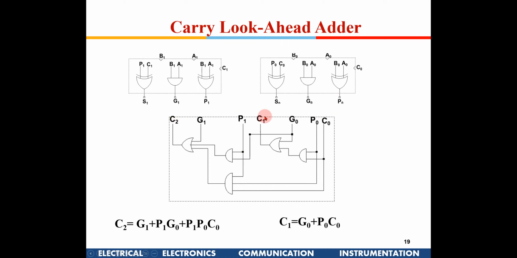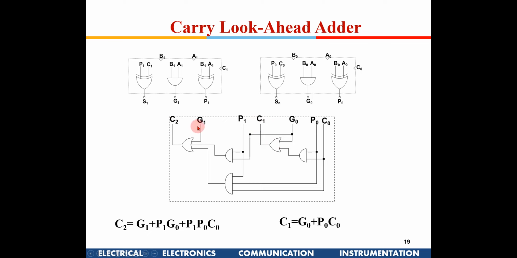So here straight away there is an advantage. Okay, although the hardware is more, in terms of delay you can straightforwardly see there is an advantage. What is the advantage? Like this G0 P0 will be generated after 1 gate delay, right? From here 1 gate delay. What about C1? Another 2 gate delays. So at 3 gate delays C1 is available.